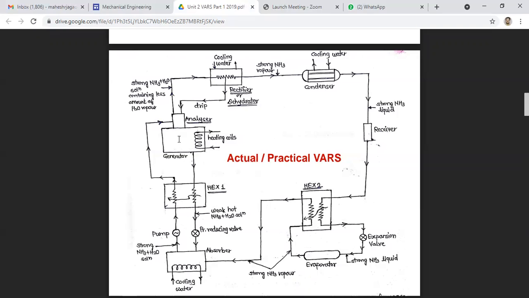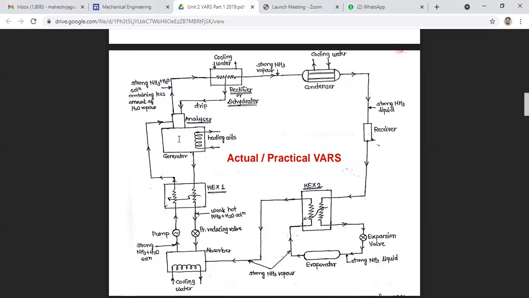So it is necessary to remove any moisture from the ammonia vapor before entering the condenser. The analyzer performs the work of removing the moisture from the ammonia vapor leaving the generator.